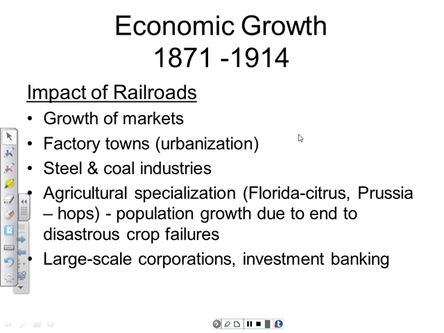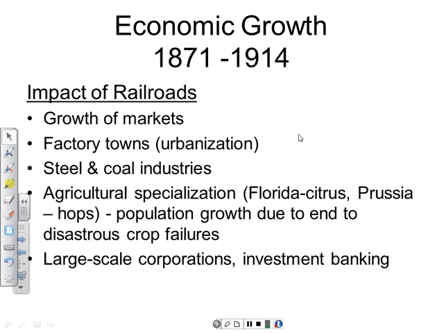By the end of the 19th century, Germany was the dominant economic power in Europe. Great Britain had formerly been the great economic power, the industrial market dominating power in Europe, but that position was eclipsed by Germany. Germany just took off in the late 19th century.